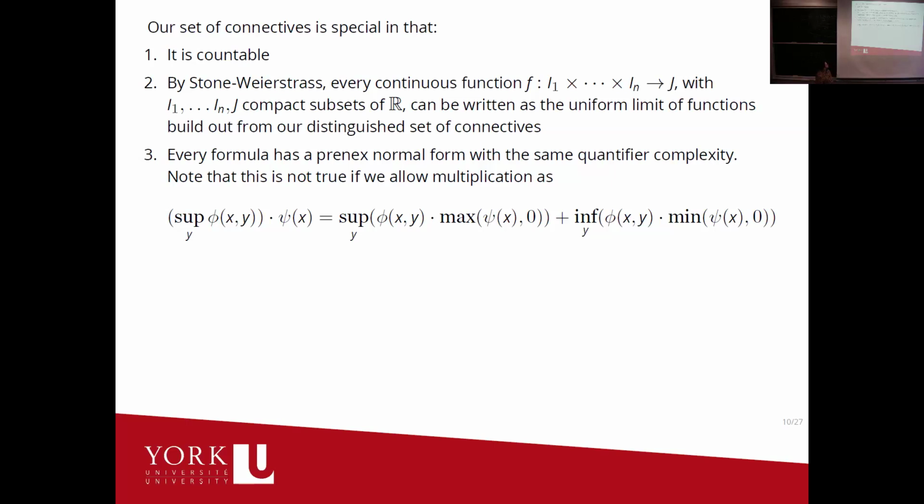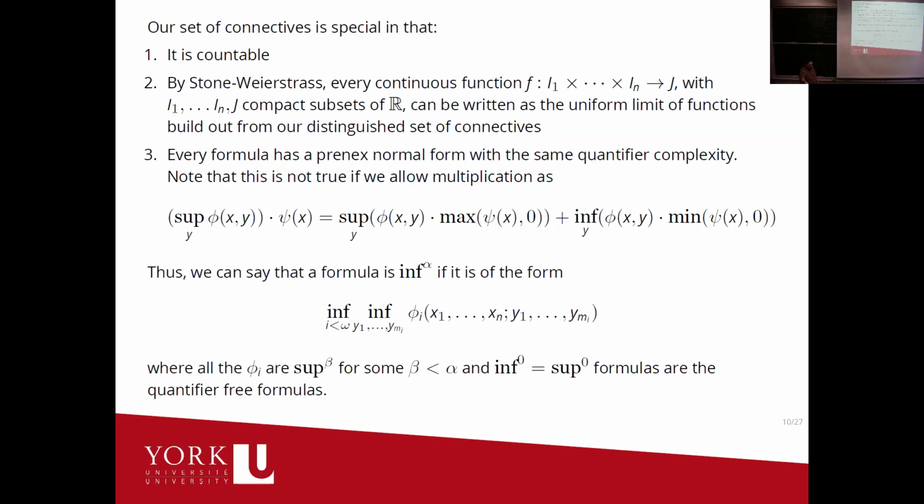Okay. So I have put in for the connectives I have talked about max, min, plus. I hope I can convince you that you can just pull out the quantifiers. The only asterisk is if you multiply by a negative quantifier, you have to flip it, which is the same thing you do in classical logic. So I can tell you what an inf alpha formula is now. It's the same idea.